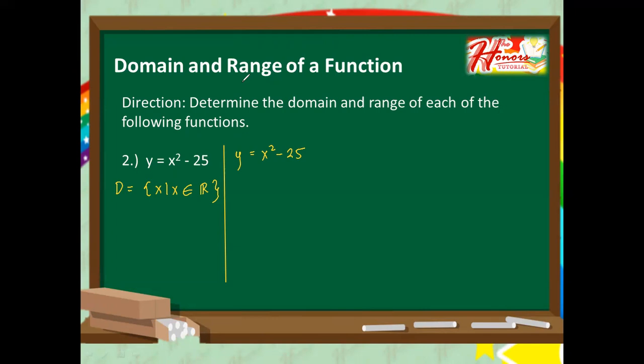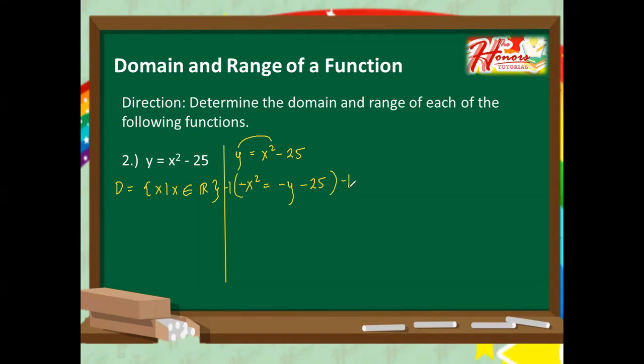So we have here negative x squared equals, transpose positive y at the right side of the equation. So that is negative y minus 25.